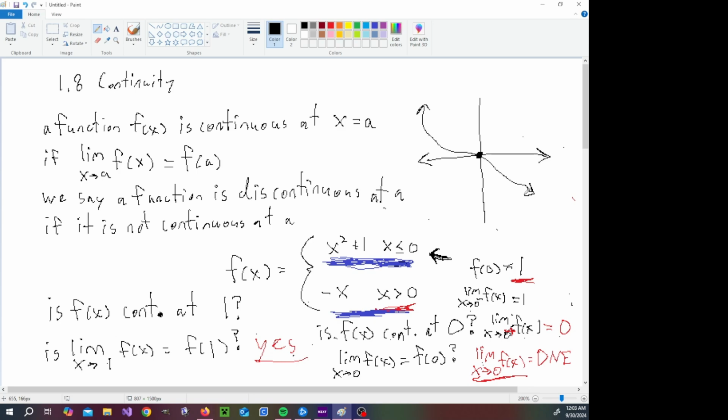Coming from the left and the right, I'm approaching the same value, even at 0, even at that weird point where we change what function we are, but I can draw it without lifting my pencil up. And the limit agrees with just plugging the number in. So that is what it means for a function to be continuous.